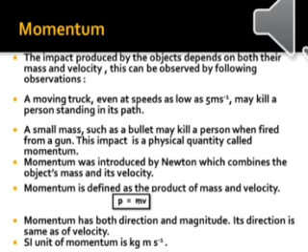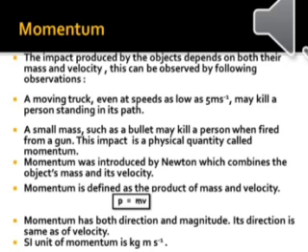Similarly, if an object is to be accelerated, we know that a greater force is required to give a greater velocity. In other words, there appears to exist some quantity of importance that combines the object's mass and its velocity. This quantity is momentum.